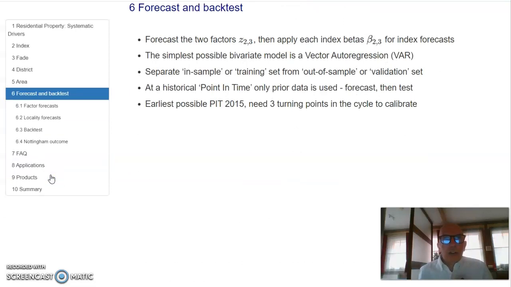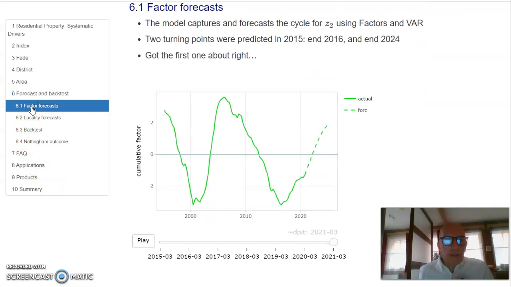There's a national cycle, and we can forecast this cycle nationally, and that gives us insights into the pricing of areas. And these are the forecasts for the factors at points in time, and seeing how they turned out.